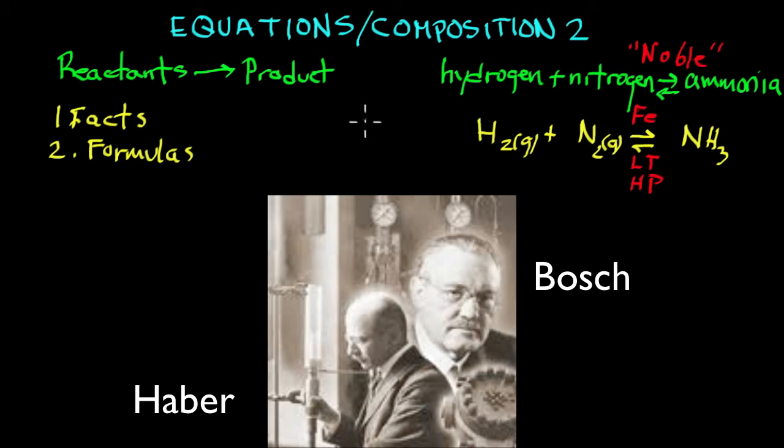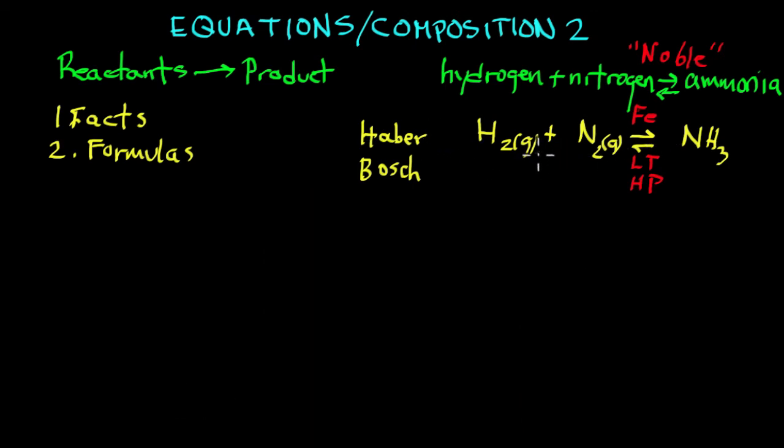So let's get these two names down. Haber won a Nobel Prize, and Bosch won a Nobel Prize much later, in about 1930. Haber's was about 1918, I think. We have Bosch Industries in the United States now. So the Haber-Bosch process makes ammonia.